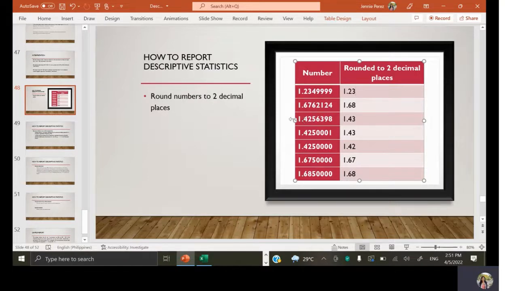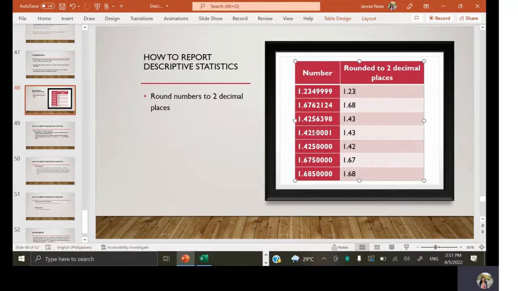This is 1.425. So what shall we do since this is 5? We round this up to the next higher number, so 1.42 becomes 1.43 because 5 here is followed by 6.